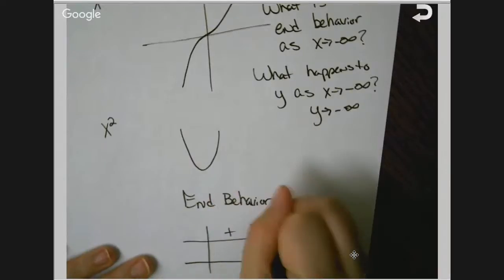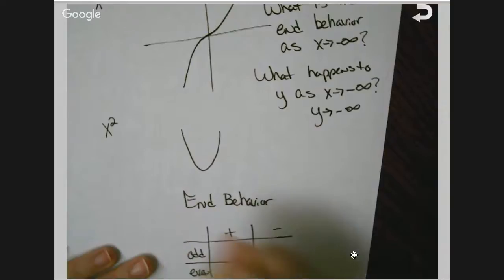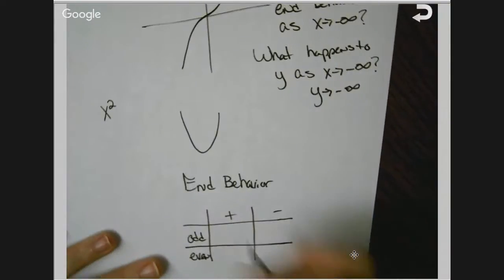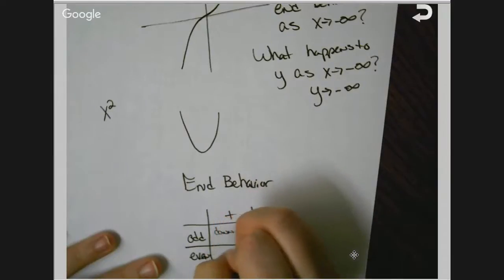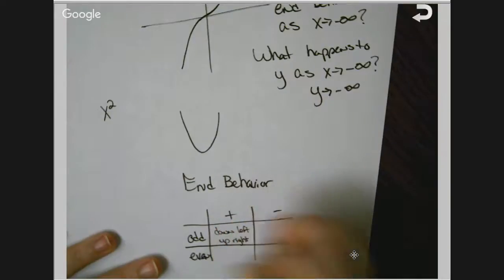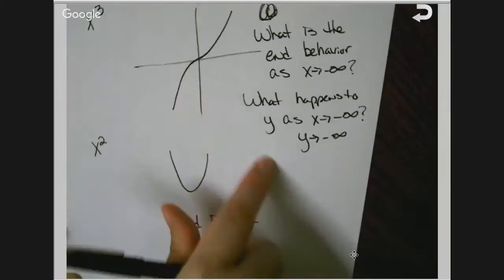So this is positive, negative. This is odd and even. If it's odd and positive, it's going to go down on the left and up on the right. If it's odd negative, it's going to flip direction. So this graph would actually end up going like this.